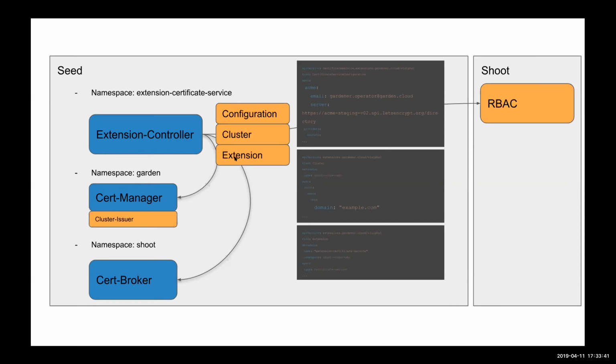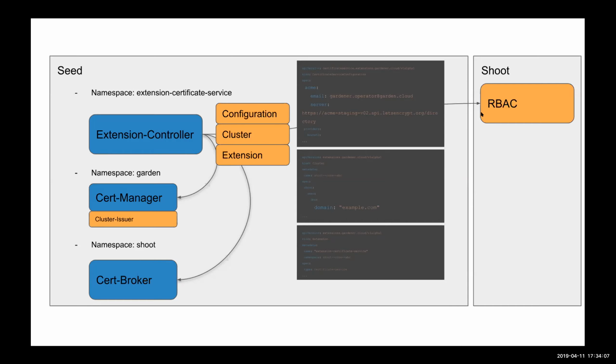And whenever there's an extension resource coming in for this certificate service extension controller, there's also going to be a cert broker instance per shoot namespace, which is then set up in this namespace. And which is also true for the shoot itself, because the cert broker needs certain RBAC manifests placed inside the shoot.